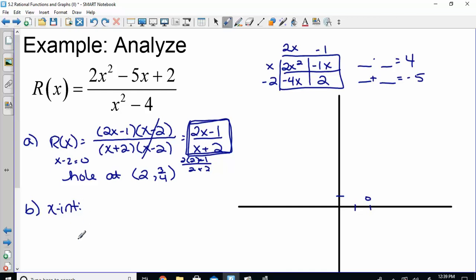X-intercept. That's when the top is 0. So that is at 1/2.